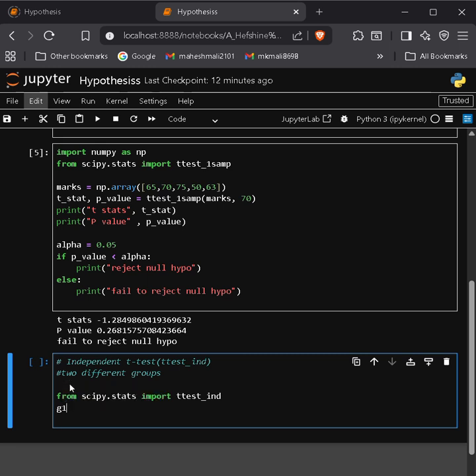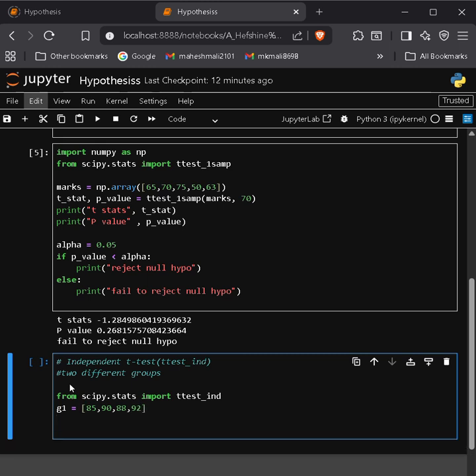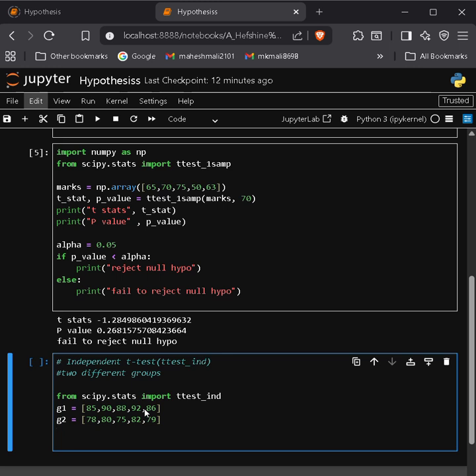Group 1 has 85, 90, 80, 92, 86. Group 2 has 78, 80, 75, 82 and 79. Not a big issue.